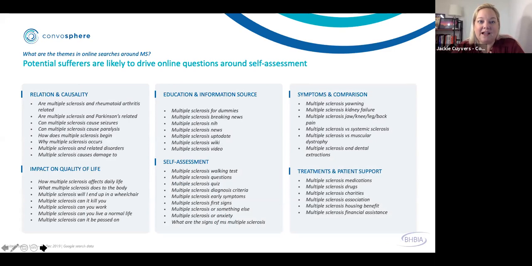So the way that people search within MS is they're often looking around questions for their experience, their assessment of their disease or its progression, and ways to monitor themselves or really understand it better.